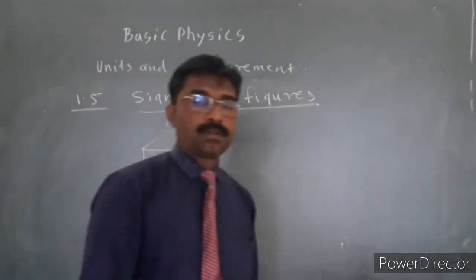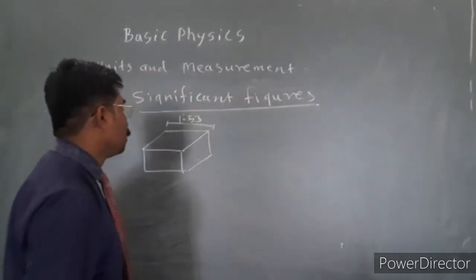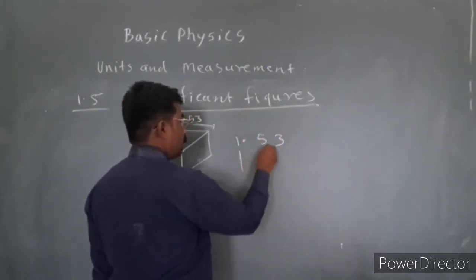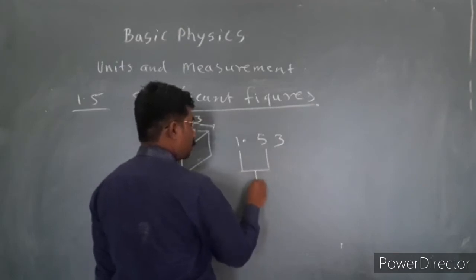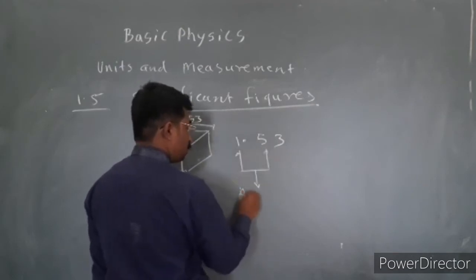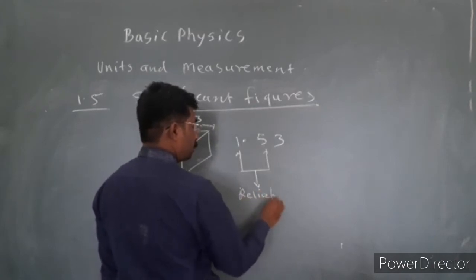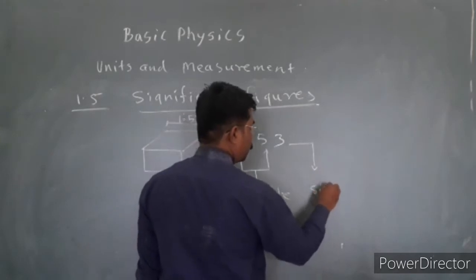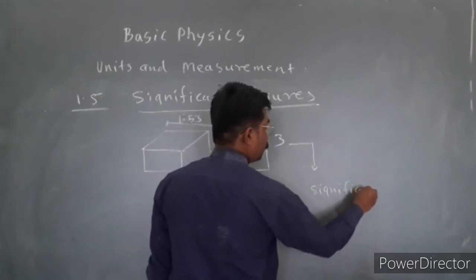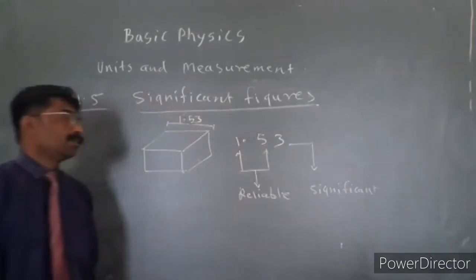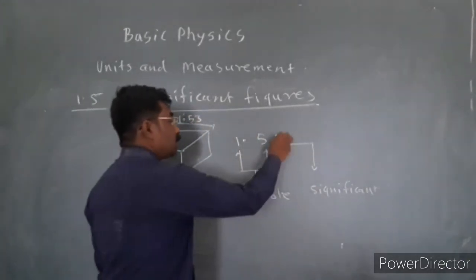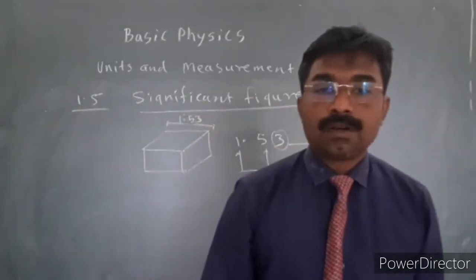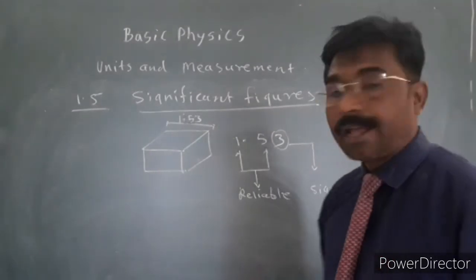In this figure, 1.53, the 1 and 5, these two numbers are reliable, and this 3 is significant. So 3 is a significant number, and 1 and 5, only two numbers, are reliable numbers.